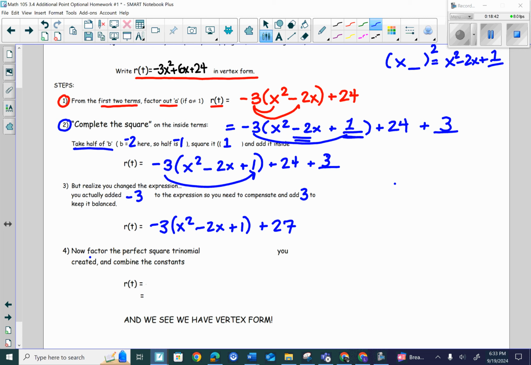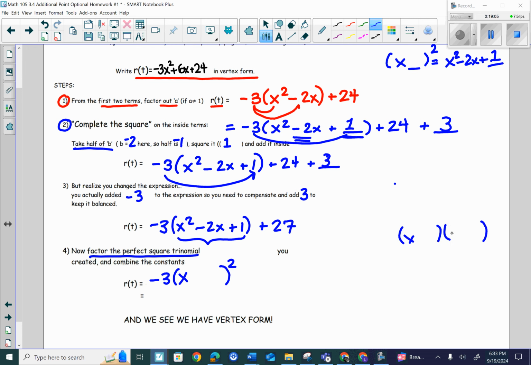So now I factor the perfect square trinomial. This is where your factoring skills come into play. What is x squared minus 2x plus 1? We know that the design is to get this perfect square trinomial, but if you remember, you can think about first, outer, inner, last if you really want to.